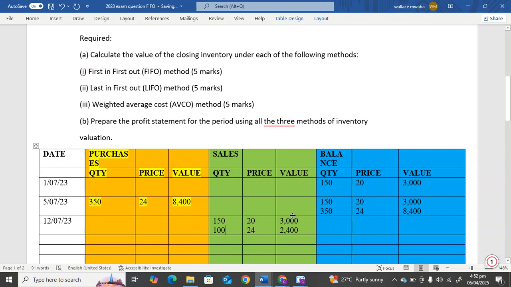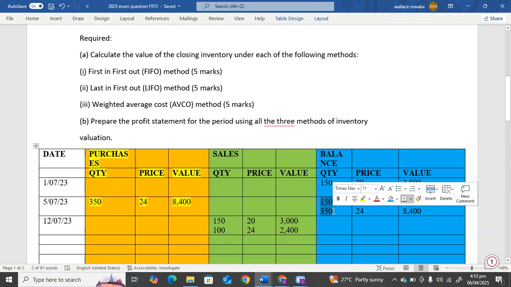So what will remain in our shop now, since we've sold 250 goods? Initially, we had 500 goods.